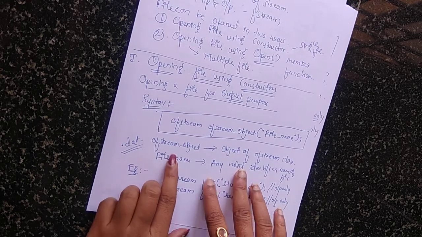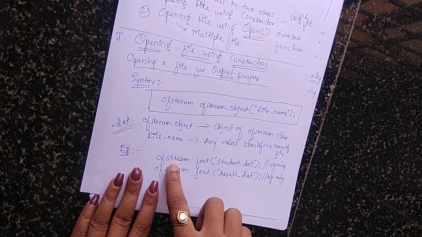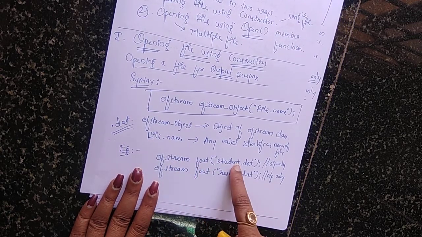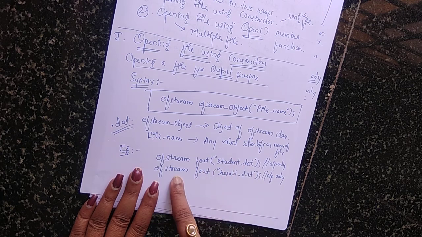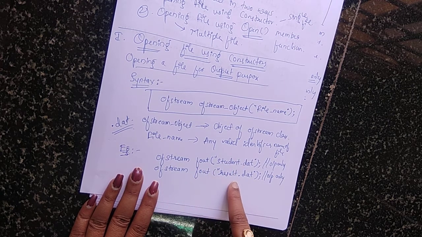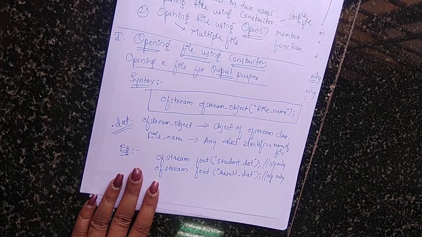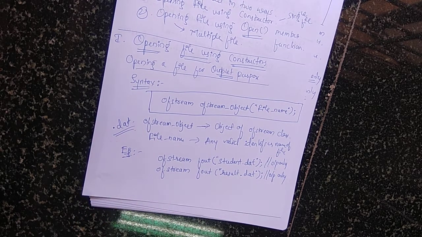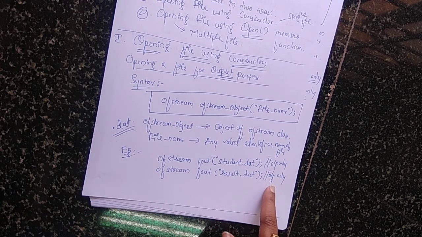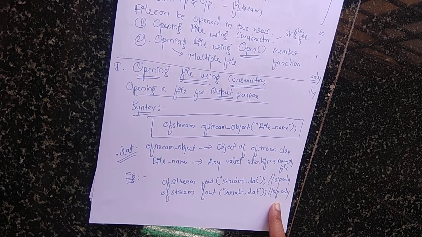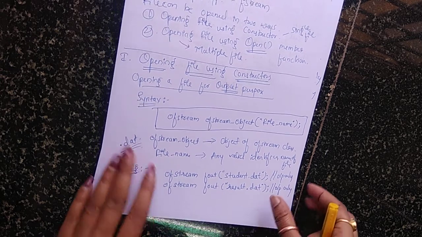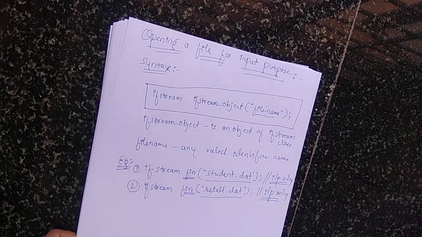So the examples we had written here: ofstream fout("student.dat"), ofstream fout("result.dat"). So these student.dat and result.dat files are opened only for output. This is how we can open a file for output purpose.